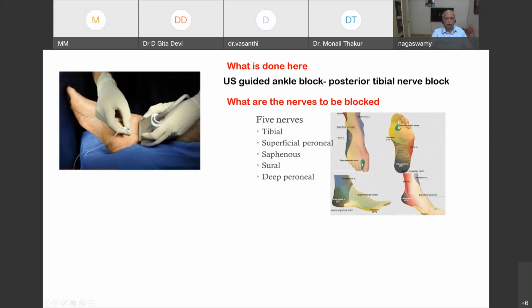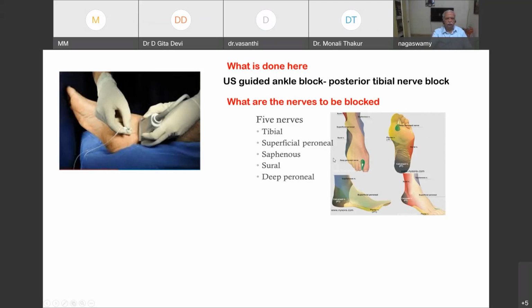And this particular deep peroneal nerve supplies the web space of the first and second toe. This is a very common question they will ask. What does this deep peroneal nerve supply? It supplies a very small portion between the first great toe and the second toe, both on the plantar aspect as well as the dorsal aspect.